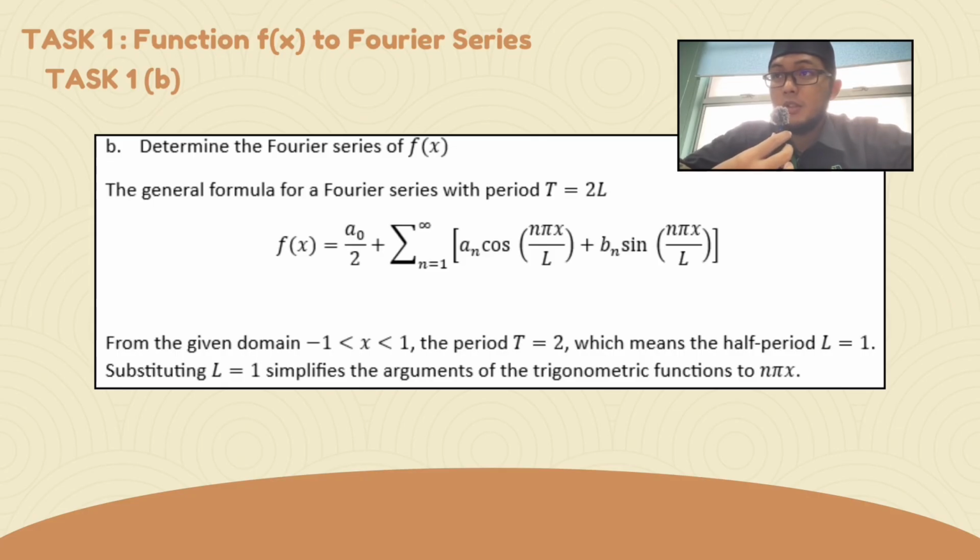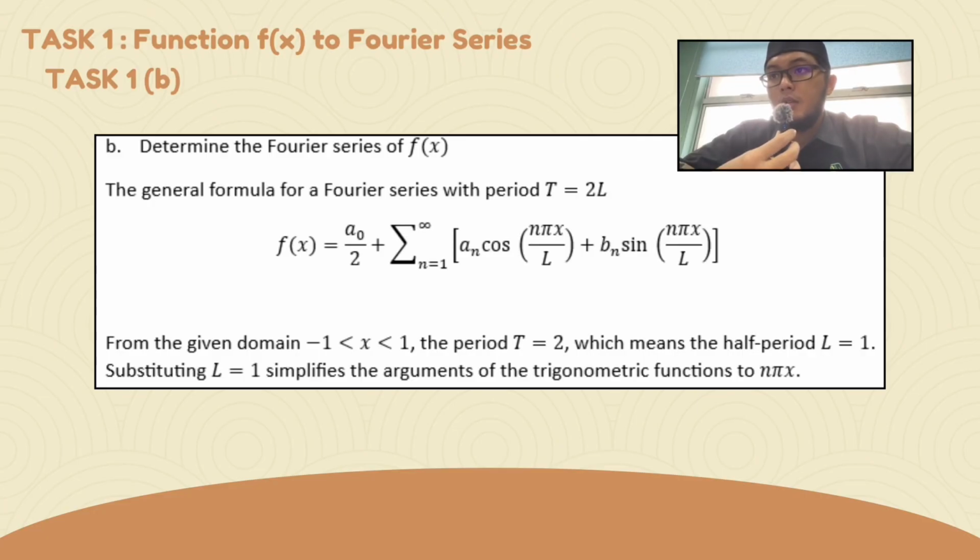Okay, so for question 1B, we need to determine the Fourier series f(x). We are given this general formula for the Fourier series with the period of 2L. This is the generalized equation, which consists of a0 as our constant, and then we have an and bn also as constants that we need to find.